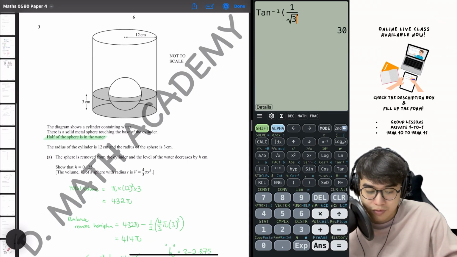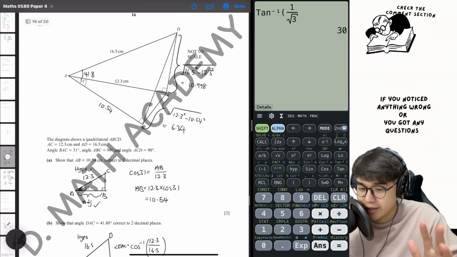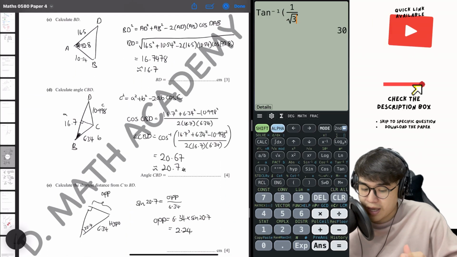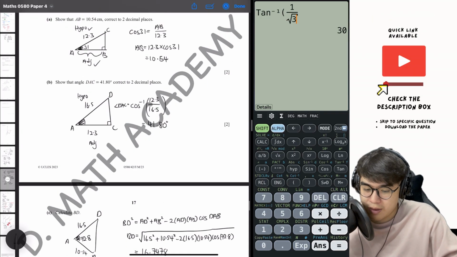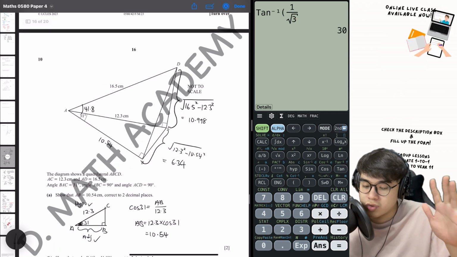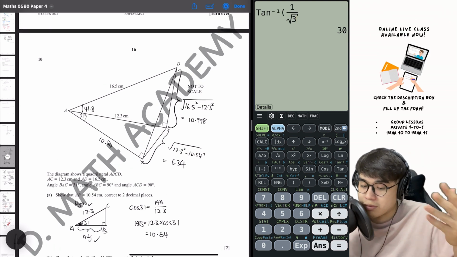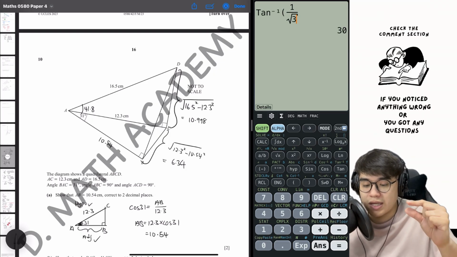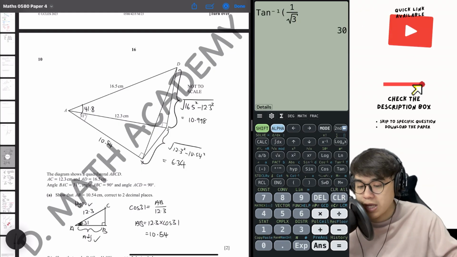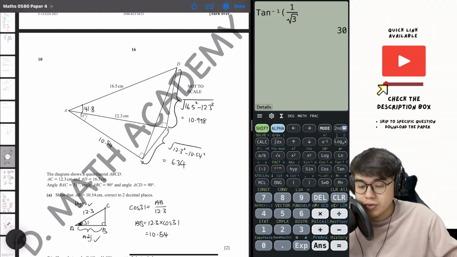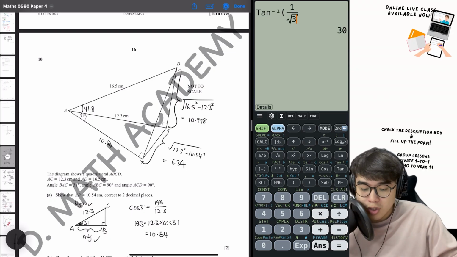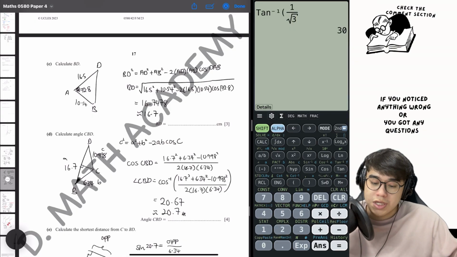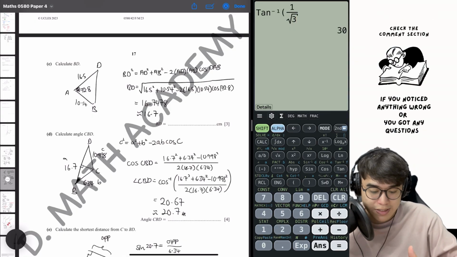Some students might have trouble with question 10, in particular this question D and E here. For D, please take note that if you wanted to use sine rule to calculate, it is also possible, but there might be a slight discrepancy in the final results because you are using different values. So for me, I use cosine rule. I will wait until the marking scheme is out first to verify this.